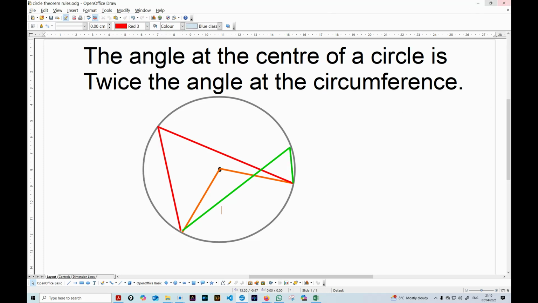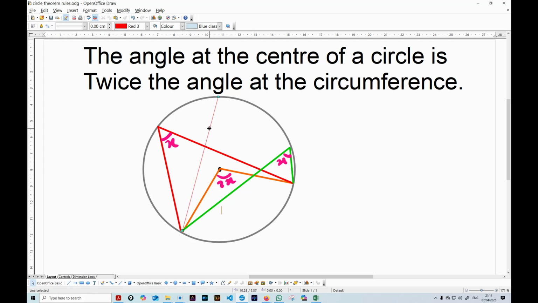Remember, because they originate from the same points, these angles are the same. These two together make 2x. So any angle made at the circumference, originating from the same 2 points, is the same.